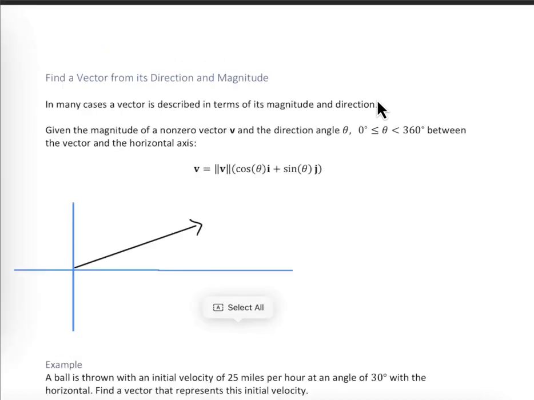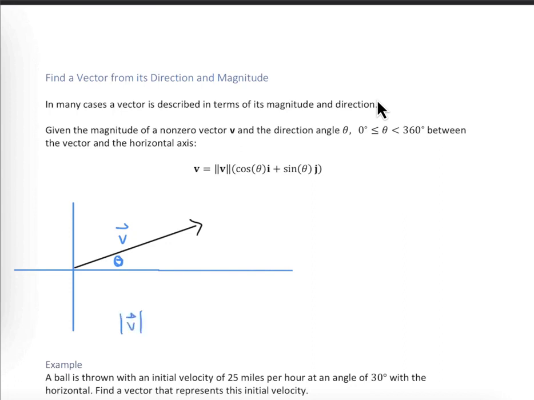So let's say we've been given a vector, and let's call this vector v, and we have been told that vector v makes a certain angle with the positive x-axis, and perhaps we know the magnitude of the vector.